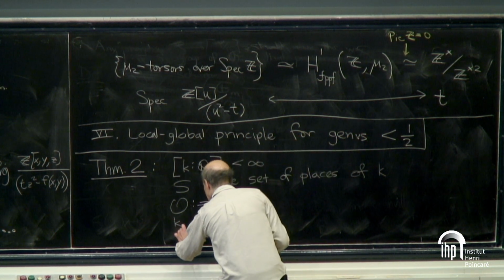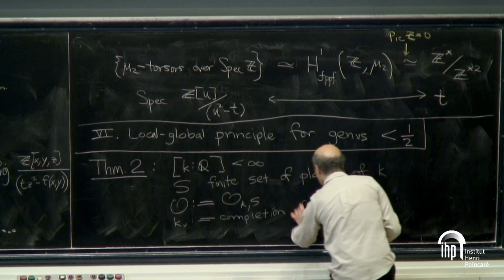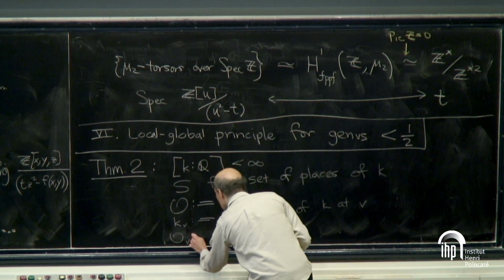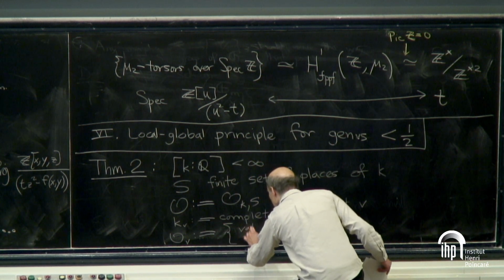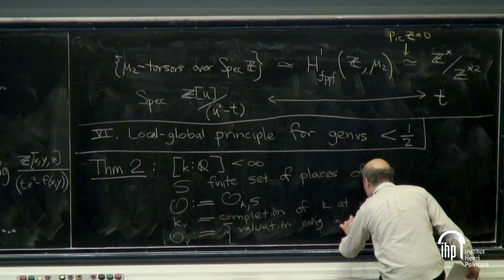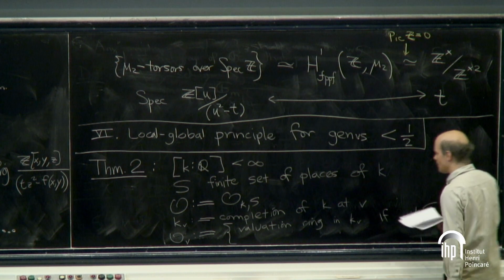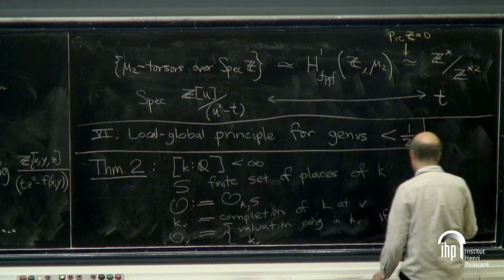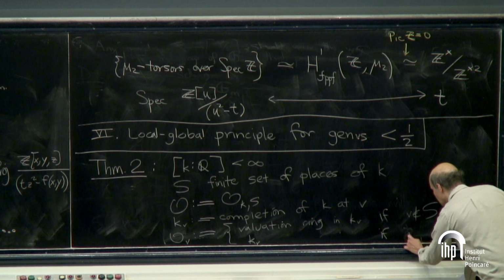Then let K_v be the completion of K at v, and O_v will be, for most v, the valuation ring in K_v for all the v that are not in S. And then, as a matter of convenience, for the bad primes, the ones that are in S, I'll just take the whole of K_v.